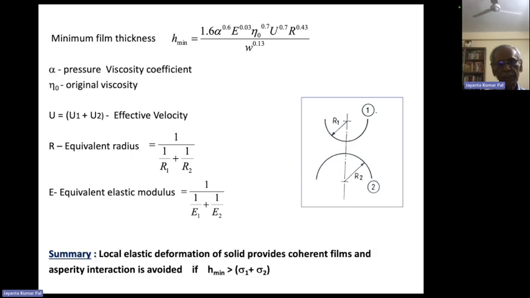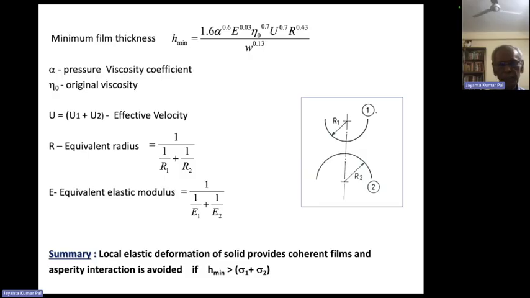Now let us look at it carefully. Alpha is the pressure viscosity coefficient, and obviously the higher it is, the higher the film thickness, because this gives higher viscosity. E is again this elasticity. Higher elasticity will produce higher deformation. Eta naught again is the initial viscosity that will be involved.